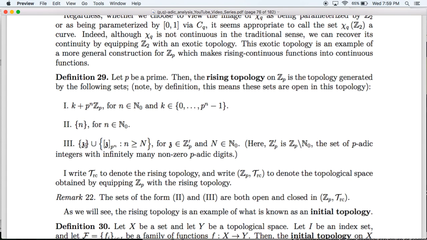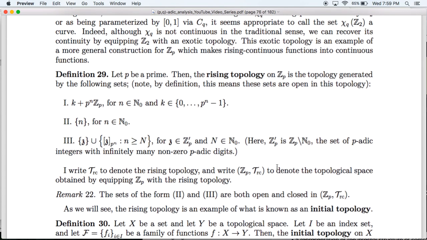It's some z with infinitely many digits, and then we take the union of all of its projections mod p^n, where n is bounded from below. I write tau_RC to denote the rising topology, and write (Z_p, tau_RC) to denote the topological space obtained by equipping Z_p with the rising topology. Note that these sets here are going to be both open and closed in Z_p in the rising topology.